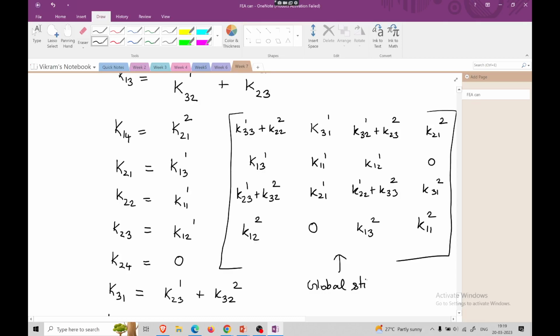So I will write the model equation: minus dou by dou x of a11 dou u by dou x plus a12 dou u by dou y. So here also I will take the minus inside.